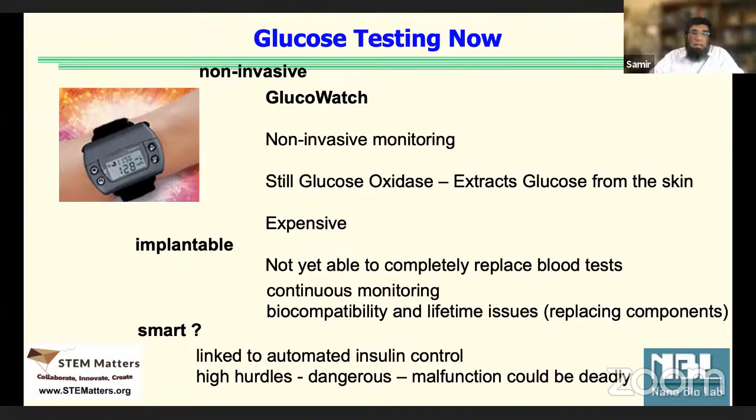And there's still room to improve what we call smart sensors, where we want to automate, where we measure and we pump the insulin also as needed. So this is also already there, but there are issues, like clogging of the system or malfunction, and we still need to do much more work on that.